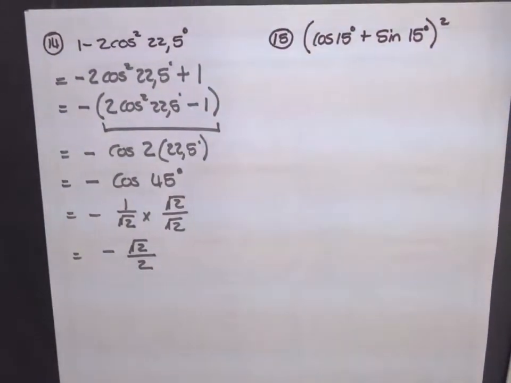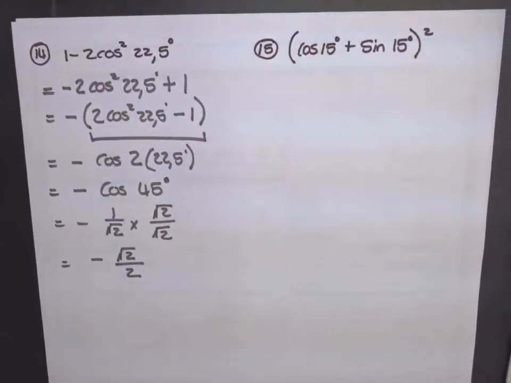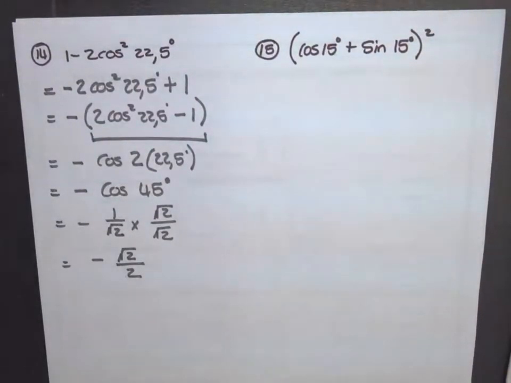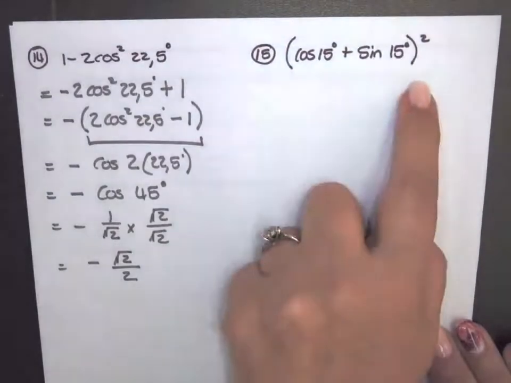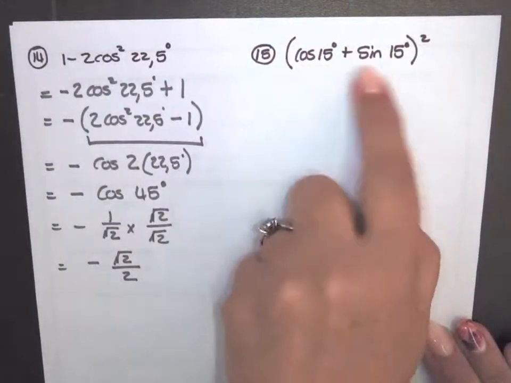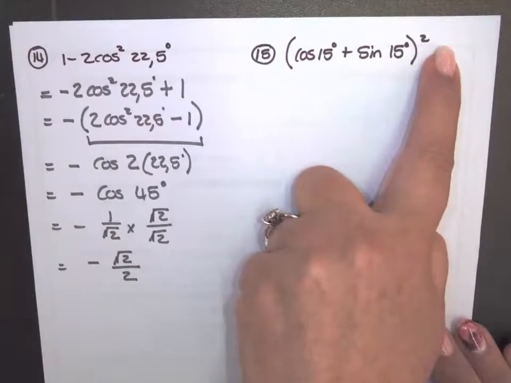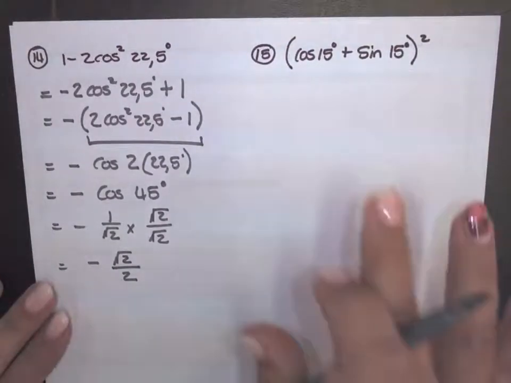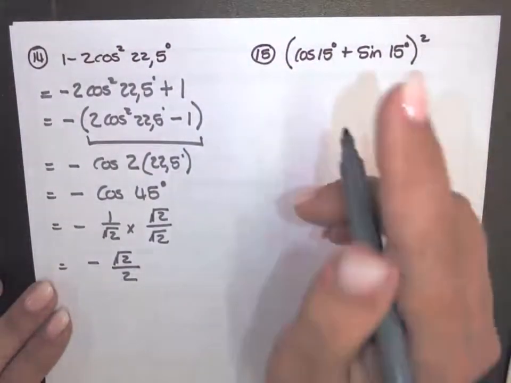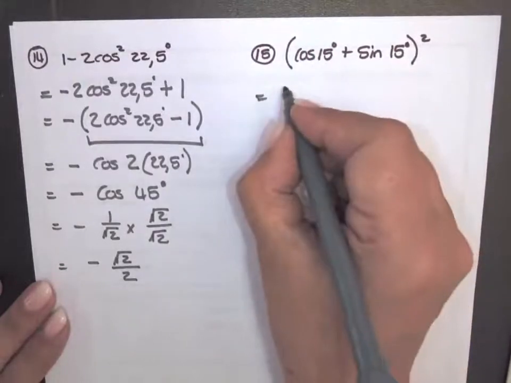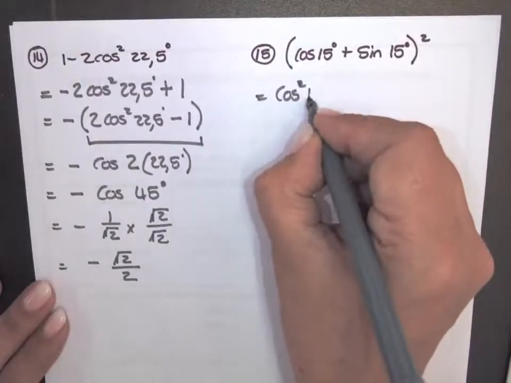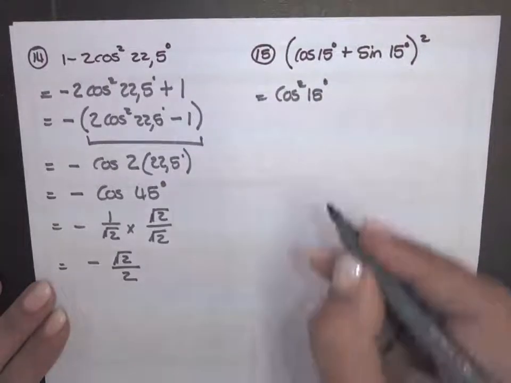Our last example. This will be a typical question in a test because it also tests bracket squares, algebra. If you have a bracket square, you first square the first term, so it will be cos squared 15 degrees.